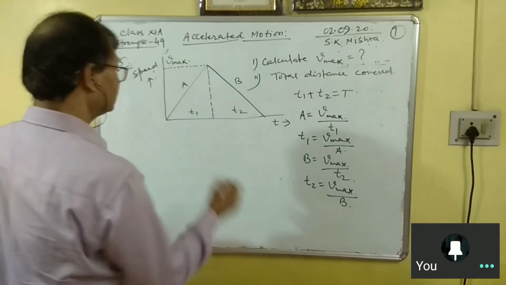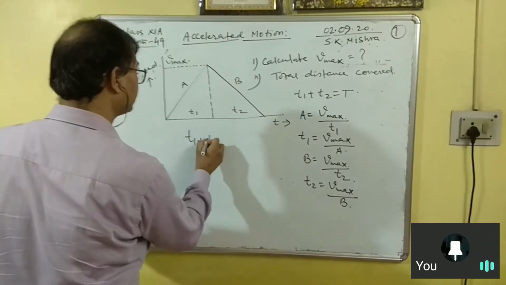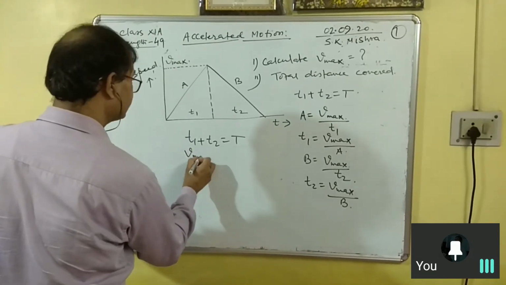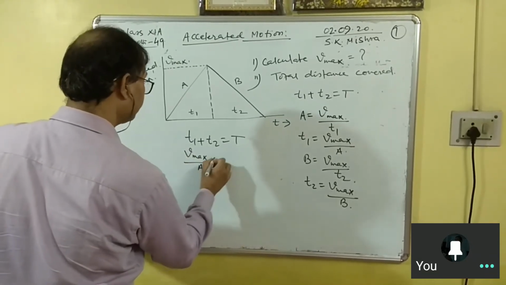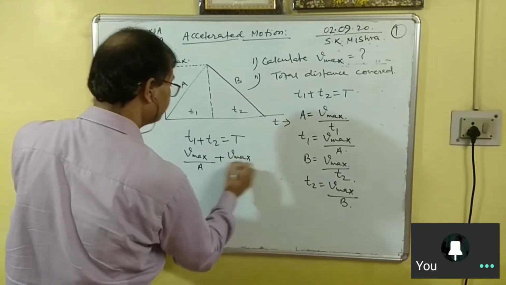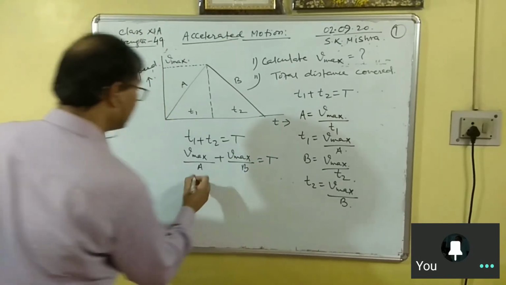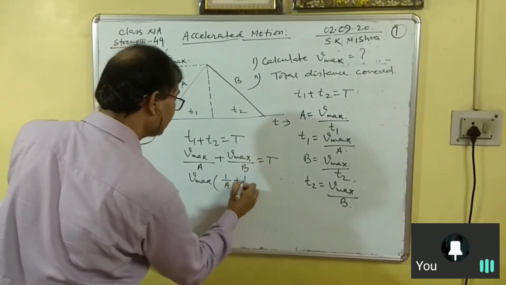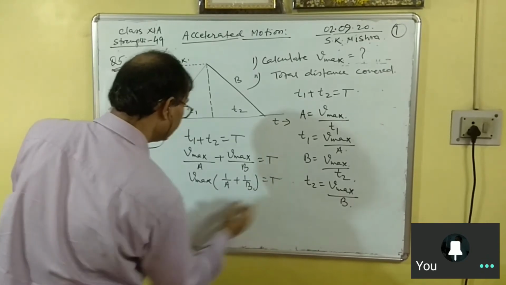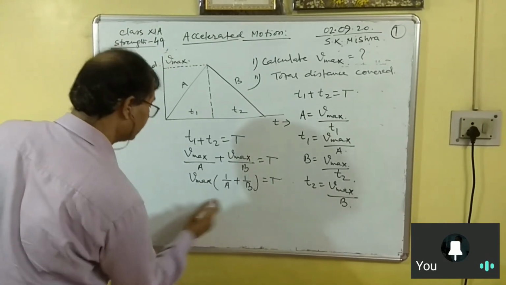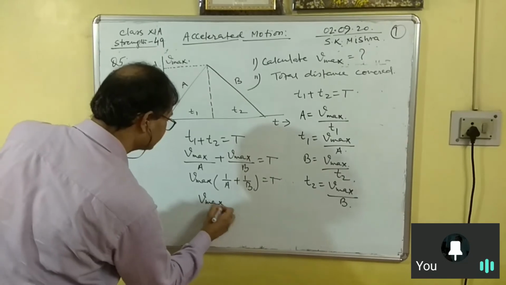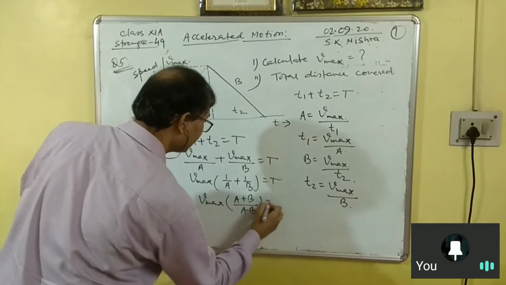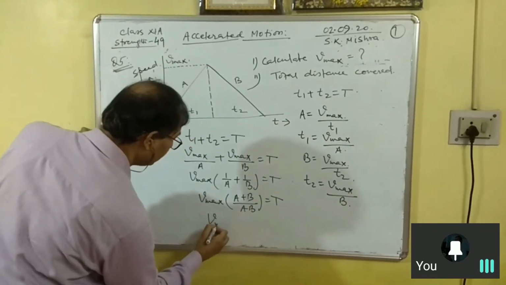Okay, so now the condition is t1 plus t2 is capital T. So just add these two. Vmax by A plus Vmax by B is equal to T. Now take Vmax common. So then it is Vmax into (1 by A plus 1 by B) is equal to T. Now take the LCM, this is (A plus B) by AB. So Vmax times (A plus B) by AB is equal to T. So what is the value of Vmax?